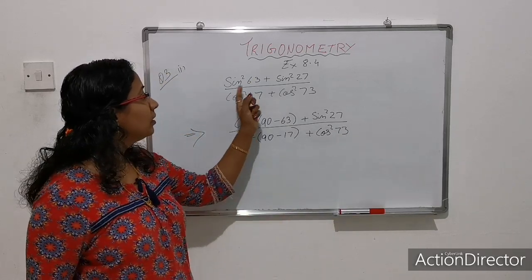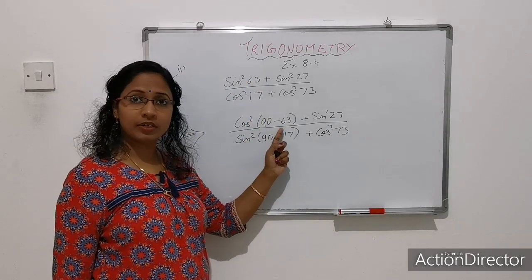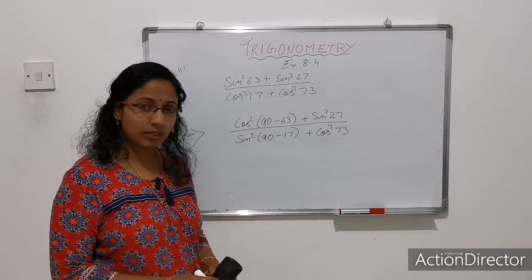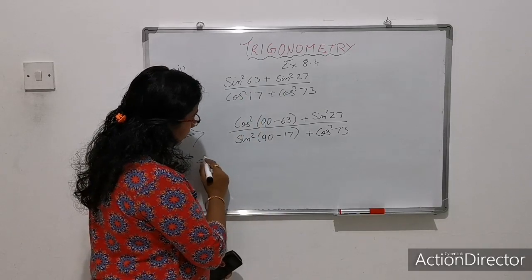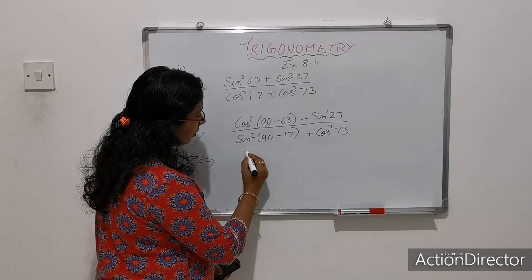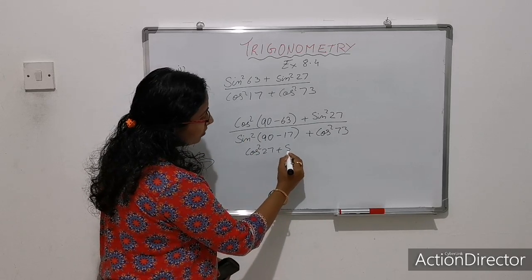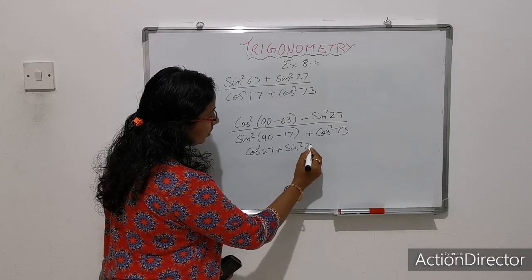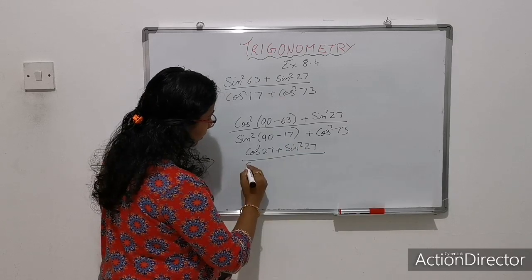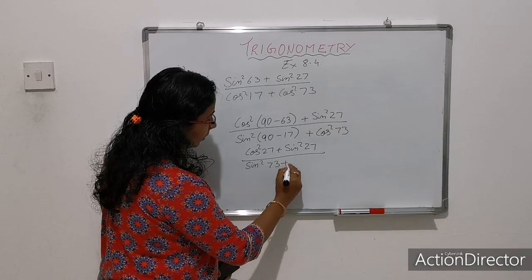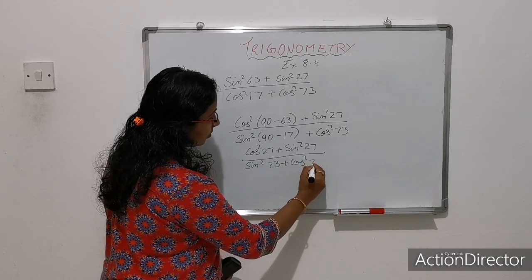I changed this to cos square 90 minus theta, and this to sin square 90 minus theta. So next it becomes cos square 27 plus sin square 27 divided by sin square 73 plus cos square 73.